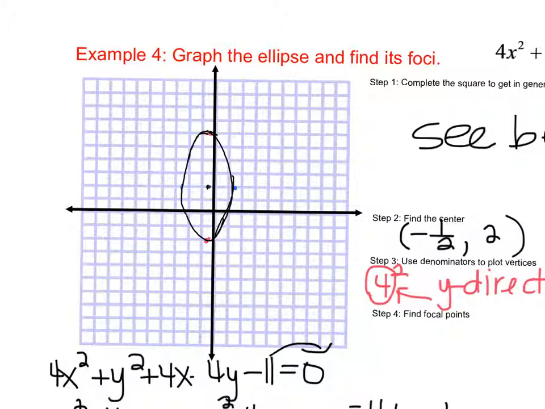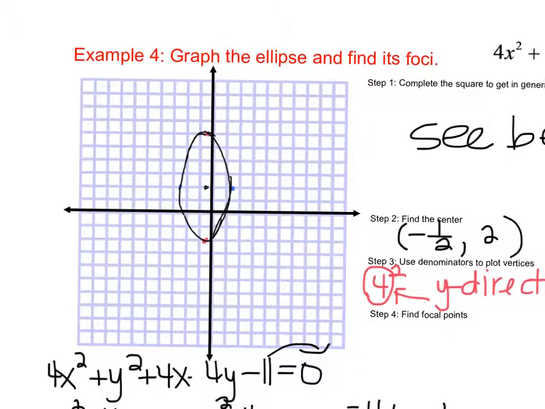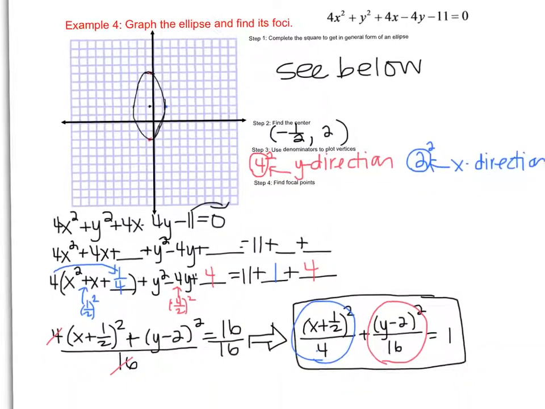So now the last thing I need to do is get those focal points. So focal points, remember, we get using the equation. I'll try to use a different color. The square root of the big denominator minus the small. That'll tell us how far to go from the center. And we know that this is going to be in the y direction because it has to be the same as the major axis.